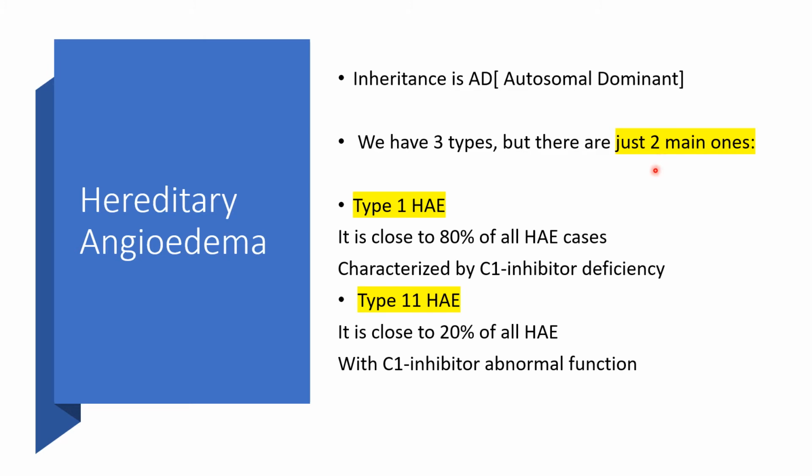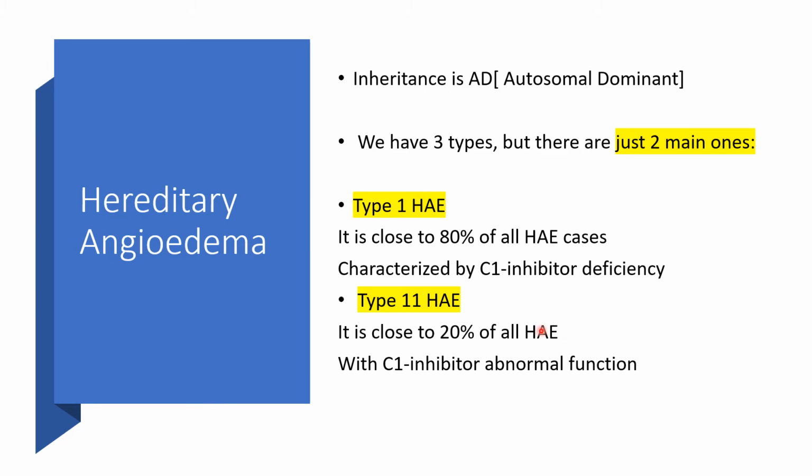Okay, why just two main ones? Type 1 hereditary angioedema is close to 80% of all hereditary angioedema, and it is characterized by C1 esterase inhibitor deficiency. Okay. Type 2 hereditary angioedema is close to 20% of all hereditary angioedema.